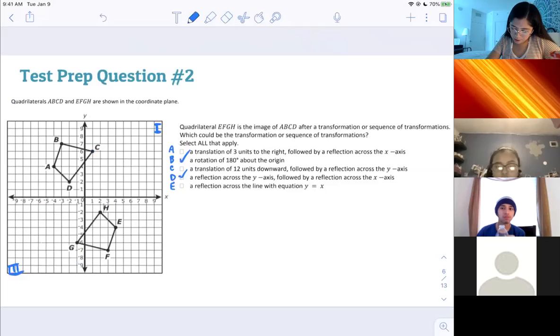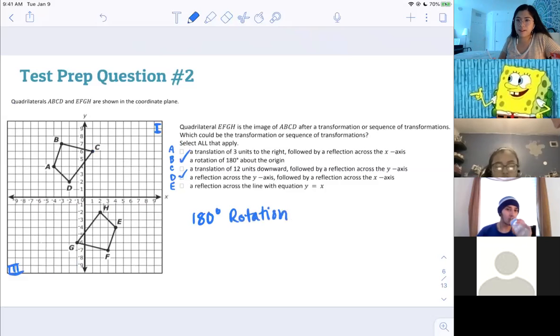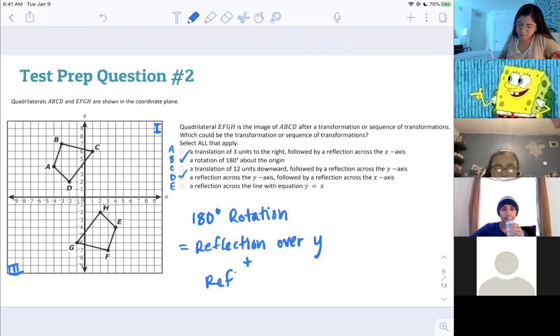D, a reflection across the y-axis followed by a reflection across the x-axis. So this is actually something that's super interesting. A 180-degree rotation is the same thing as a reflection over the y-axis, followed by a reflection over the x-axis.